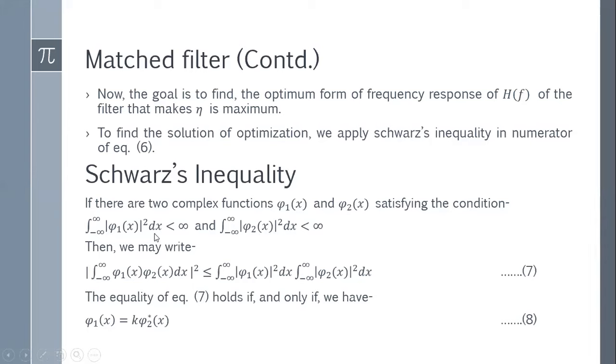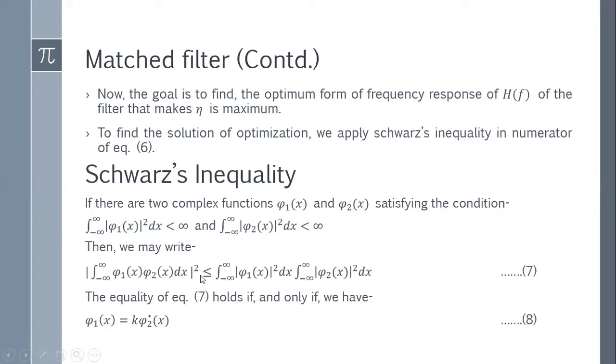I am saying that both of their powers are less than infinity. Now the magnitude of the integral of phi1(x) phi2(x) dx, whole square, will be less than or equal to the integral of |phi1(x)| whole square dx times the integral of |phi2(x)| whole square dx.